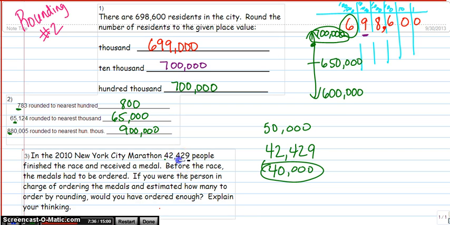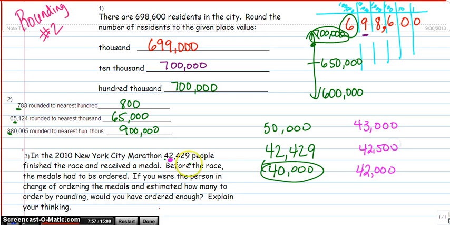So then I think, well, maybe I should round to the thousands place. So I try that. If I round to the thousands place, then I know I have 42,000. 1,000 more is 43,000. The midpoint is 42,500.